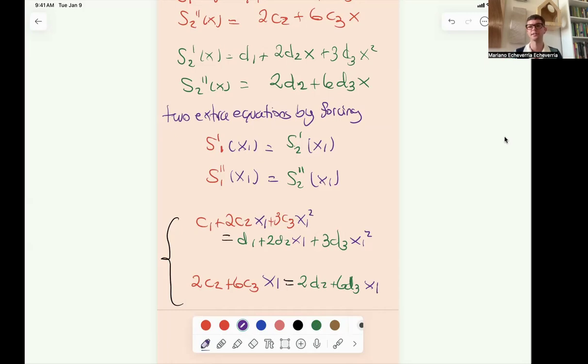So that forces the first and second derivatives to agree where the definition changes. So far, so good. Is that making sense?